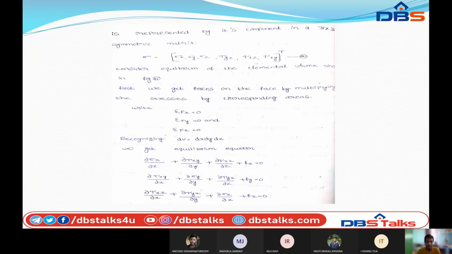Similarly, z is also similar to xy: dou tau xz by dou x, plus dou tau yz by dou y, plus dou sigma z by dou z, plus fz equal to 0.